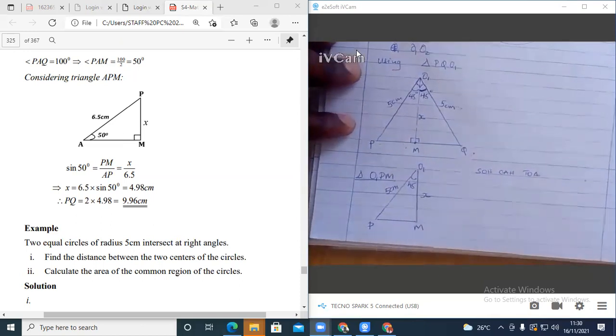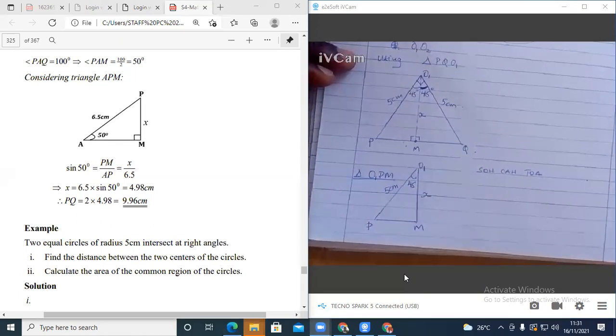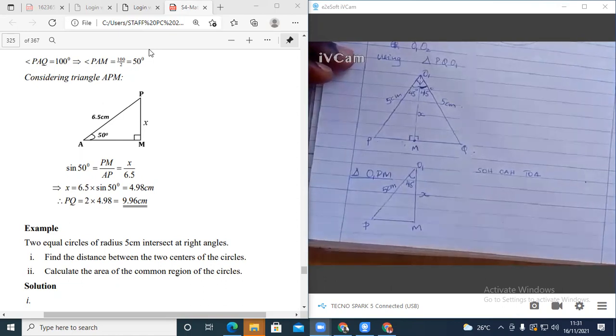Members, stop deceiving one another like that. What are we going to use, members? Cos. Why are you saying cos? Because X is the adjacent, you're looking for the adjacent.